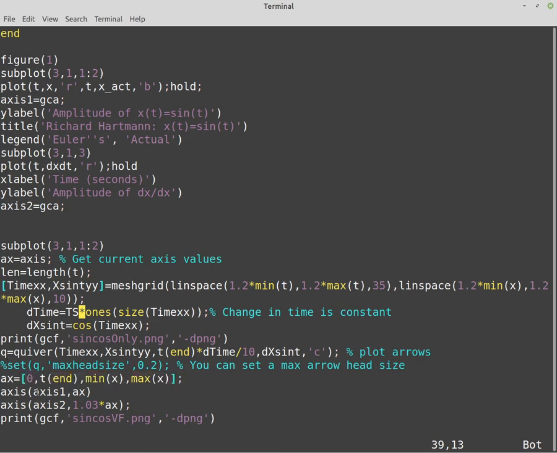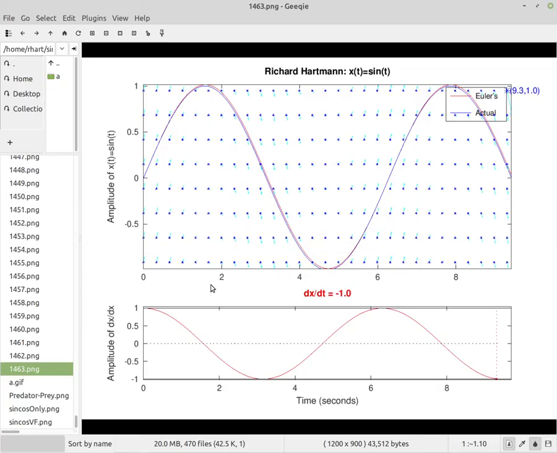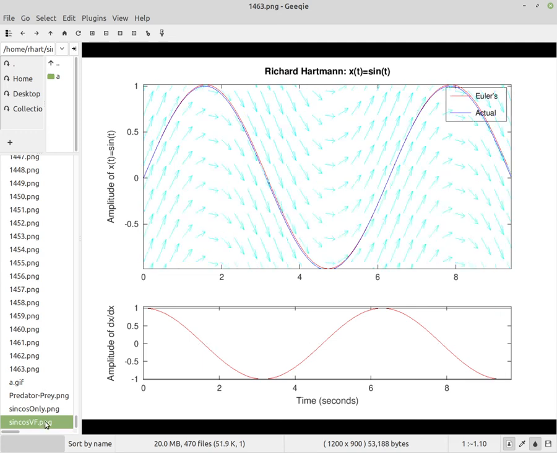So you want to call the axis command and reset your axis to keep the plot size consistent. Or, it depends, you may just leave it the way it automatically does it, but that's what I'm doing here. So as we see, here are my arrows, and it looks pretty good. Again, this was 35 by 10.